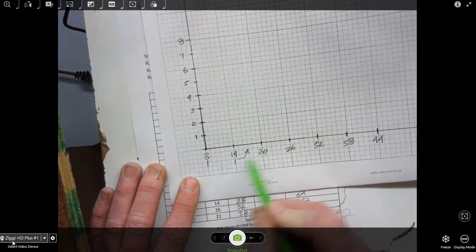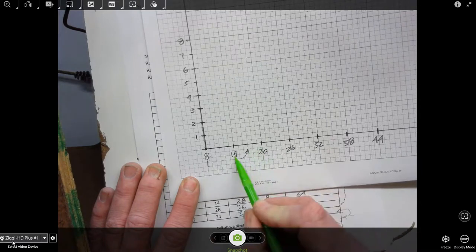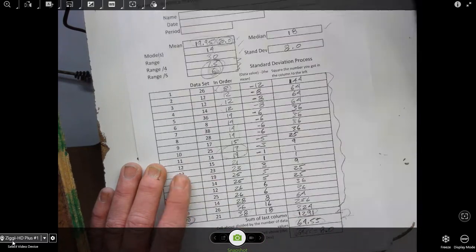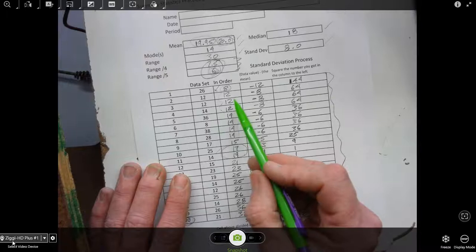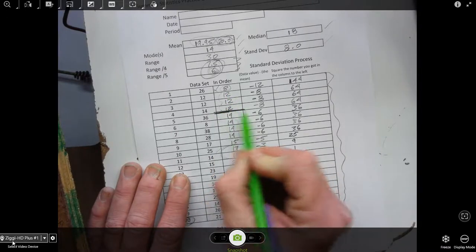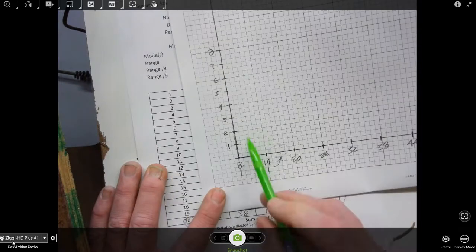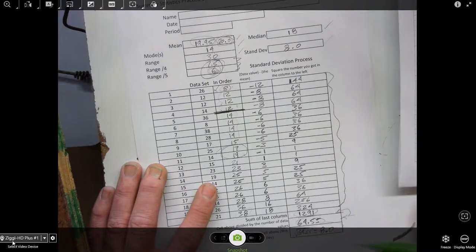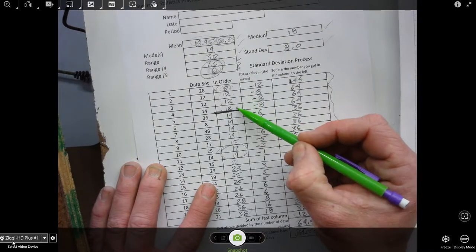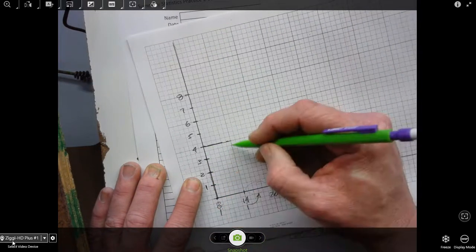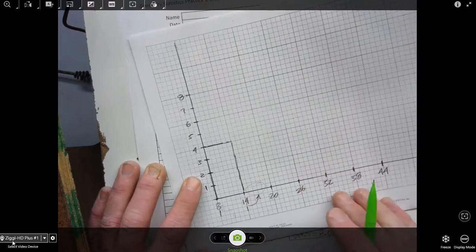So these 14s that we're going to talk about are actually going to go in this block, not this one. So 8, 12, 12, 12, my first block here is going to have those numbers. And there are 1, 2, 3, 4 numbers in that group. So I go 1, 2, 3, 4, and that's how high I make that bar. It's 4.